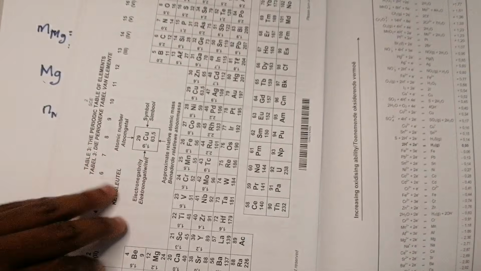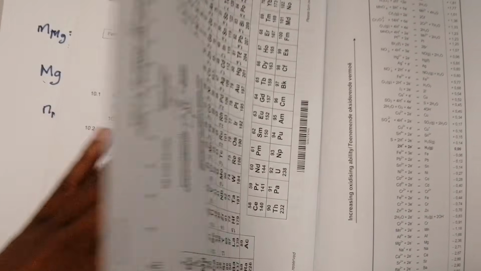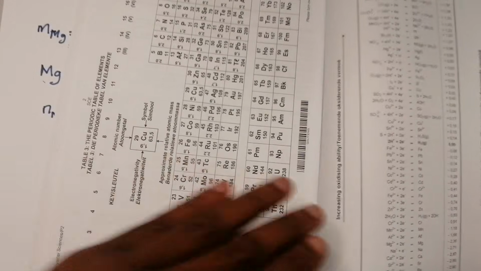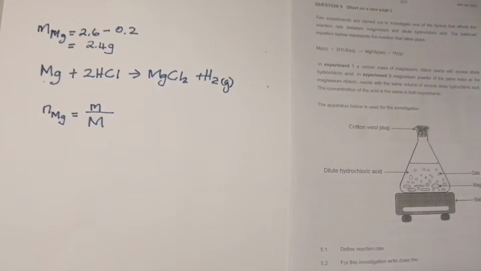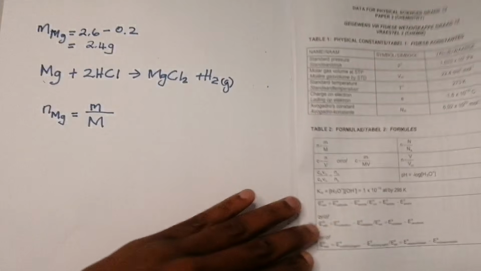You are given these at the back of your question paper all the time. You've got your periodic table there, you've got your standard reduction potentials over there, and then you've got your formulas over there. So I'm just going to take our formulas quickly, right? Remember that you have all of these things.